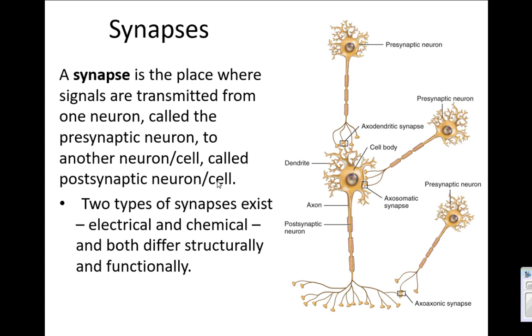Notice next to postsynaptic neuron, I have "/cell." We talked the other day about how the somatic nervous system is involved with voluntary skeletal muscle contraction. Autonomic is involved with involuntary control of glands and cardiac muscle, smooth muscle. Well, those various organs, skeletal muscle, heart muscle, whatever, they're innervated by neurons.